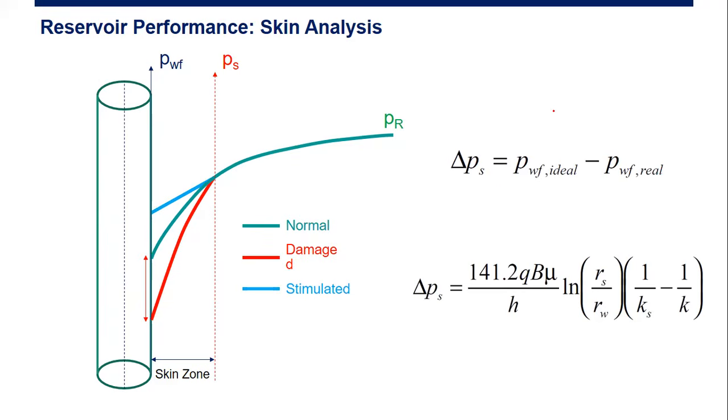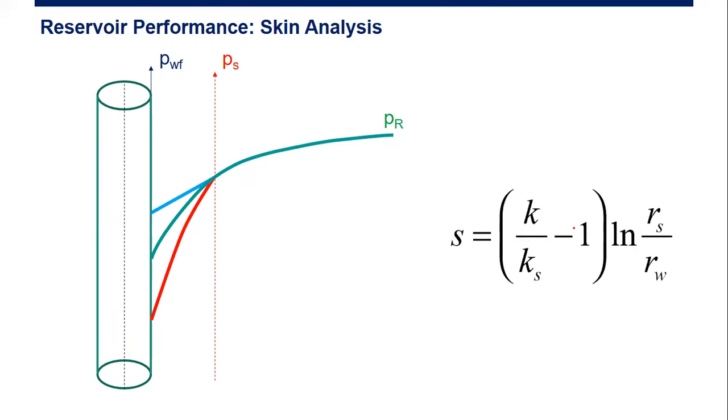And we can calculate the delta PS, the extra pressure drop due to skin factor, using this formula. And if we expand the formula and modify it mathematically, we can now calculate the skin factor, which is the original permeability divided by the permeability at the skin zone, minus 1, multiplied by this one.